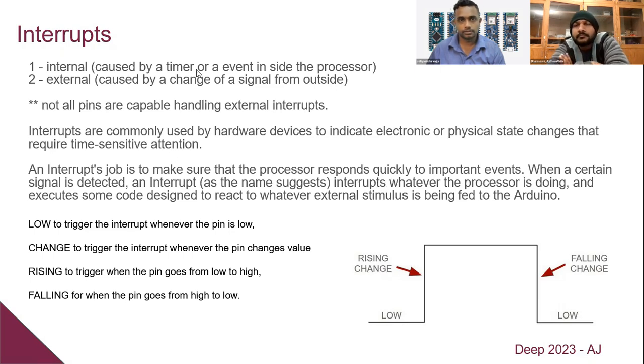Let's say you build some kind of machine that has to have an emergency stop switch, right? Which means that when you press this, the machine needs to be immediately stopped. To do something like that, we will use an interrupt.